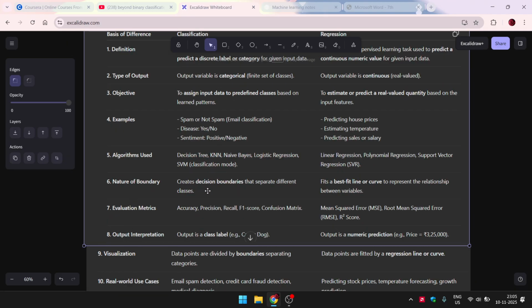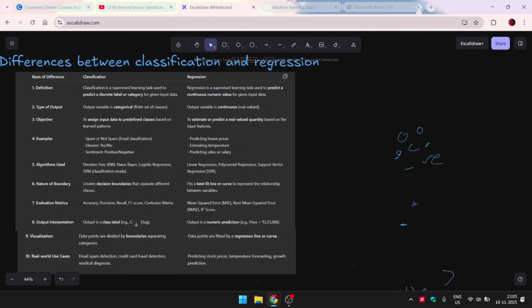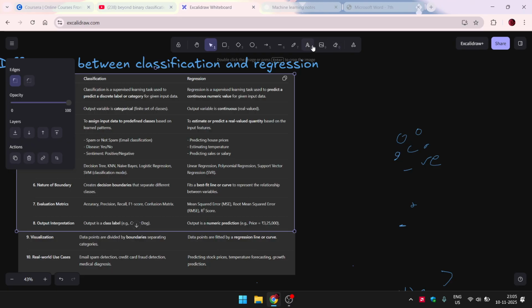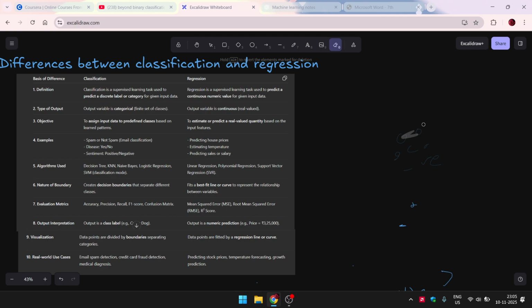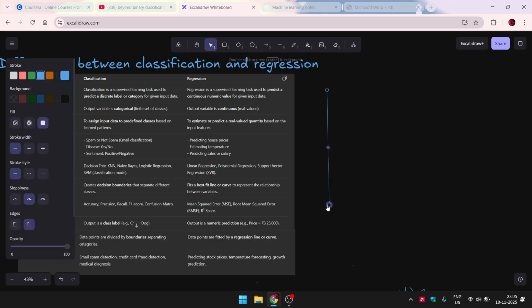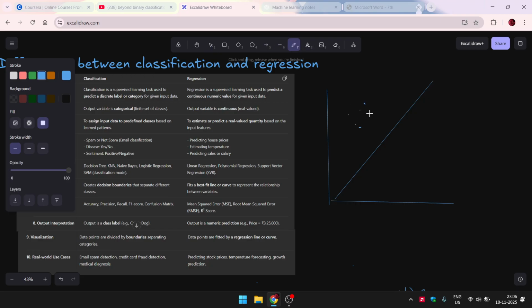What is the nature of the boundary? Clear decision boundaries that separate different classes. Let's say we have some points of one kind here, and some of another kind here.